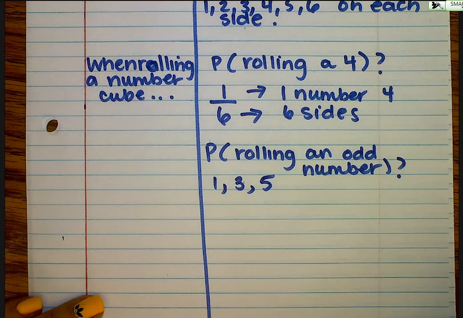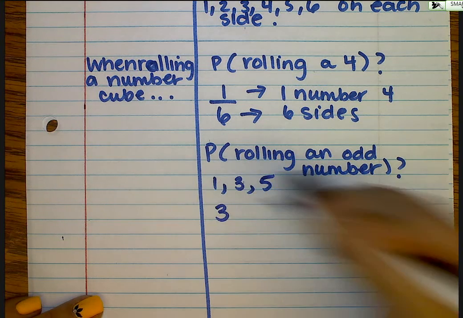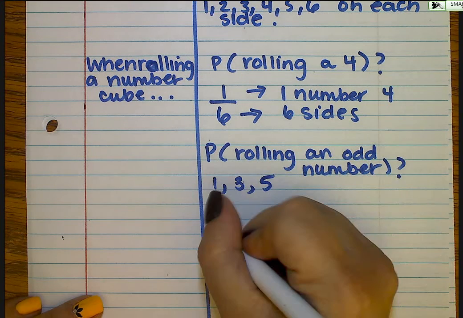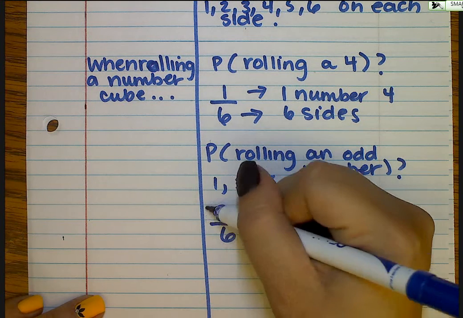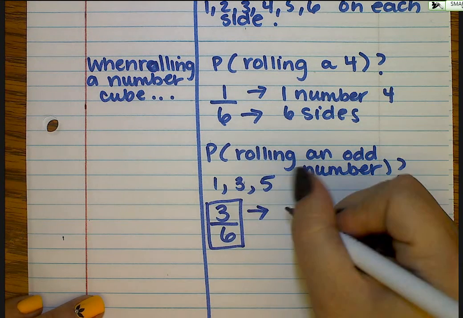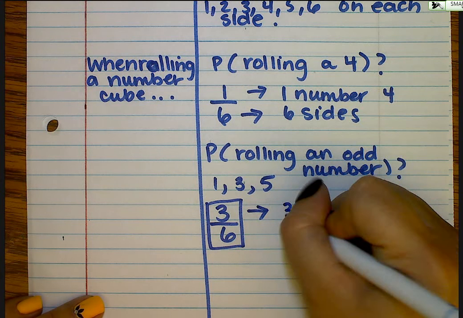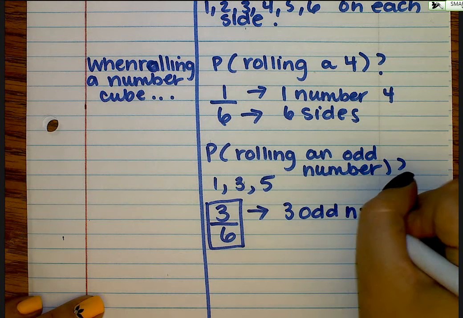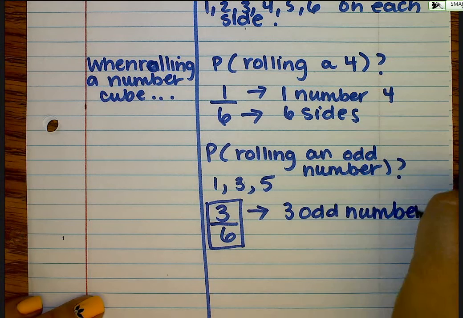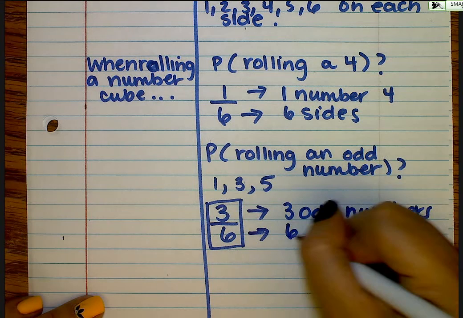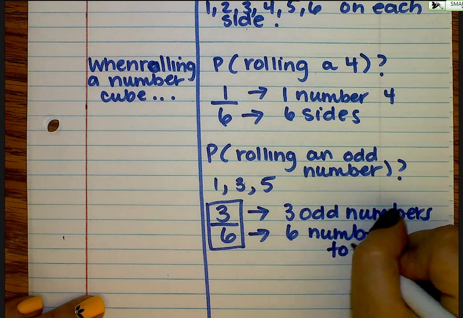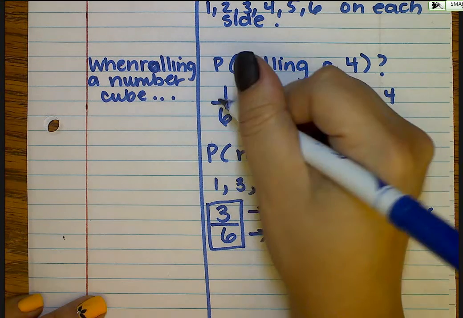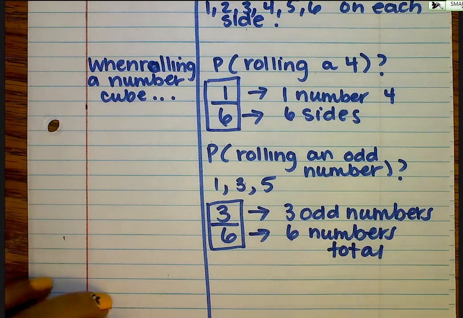And because there are 3 of those, we have a 3 out of 6 chance of rolling an odd number, because there are 3 odd numbers, 1, 3, and 5, and 6 different numbers total. I'm going to go ahead and box my answer up here too, just so we have those both organized.